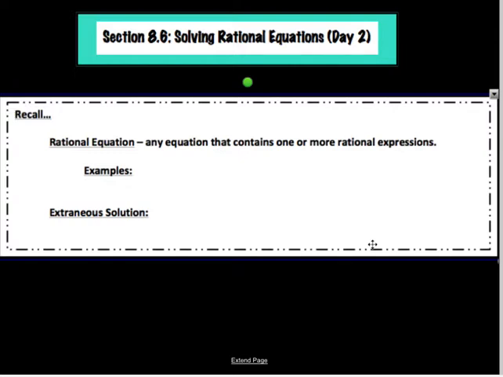Okay, so just recall from our last notes video that a rational equation is any equation that contains one or more rational expressions. So remember, to be rational means that it's written as a fraction, so it has to have one or more expressions that are written as a fraction. So one example would be 2x plus 3 is equal to 5 over 2x.